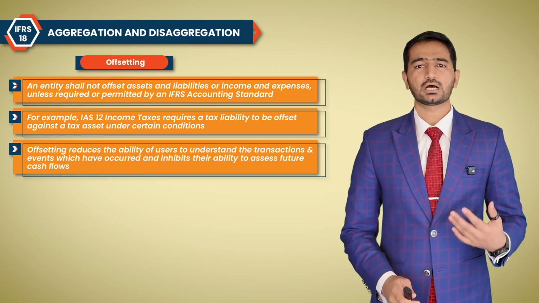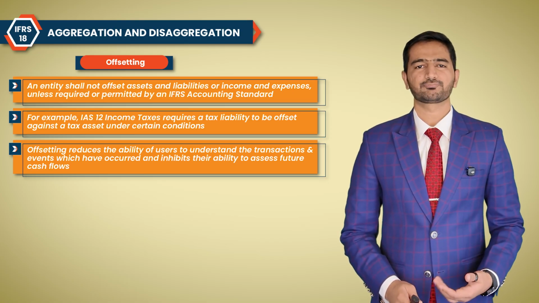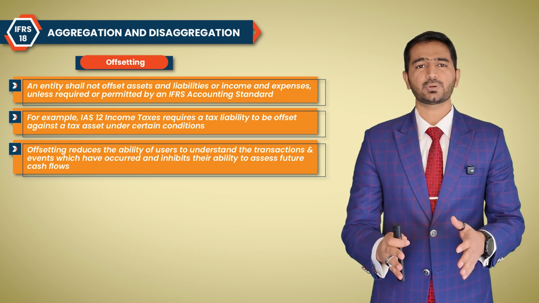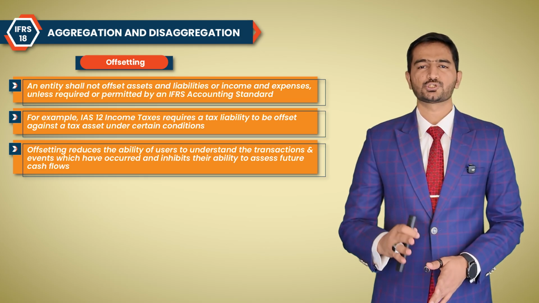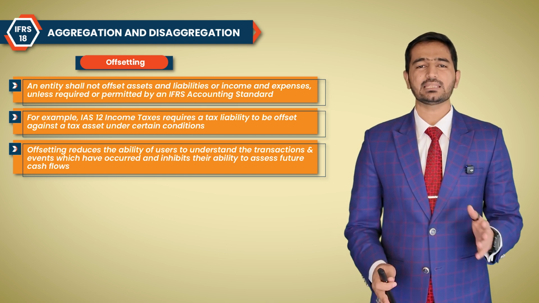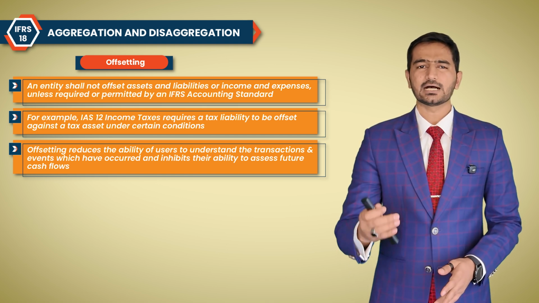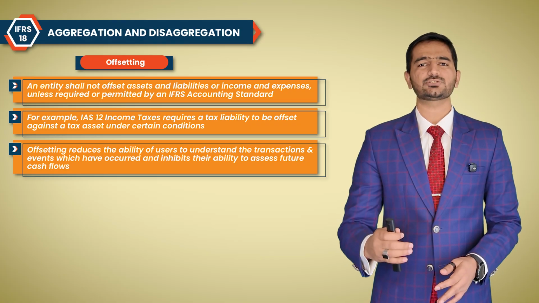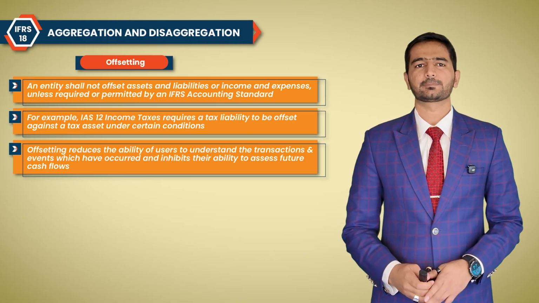You would never know how much business they actually did, right? That's why IFRS 18 says show income and expenses separately, show assets and liabilities separately. Unless another IFRS tells you to offset it, don't do it.